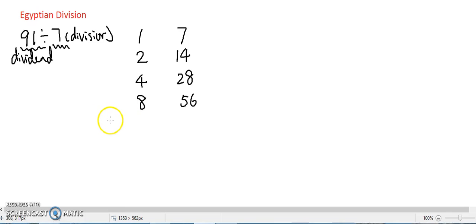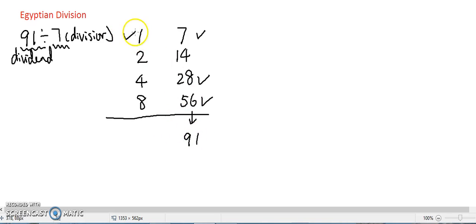So we can stop right here and see if it's possible to come up with 91 from the numbers on the right column. We check those numbers pretty much by trial and error. In this case, we're lucky. 7 plus 28 plus 56 gives us exactly 91.